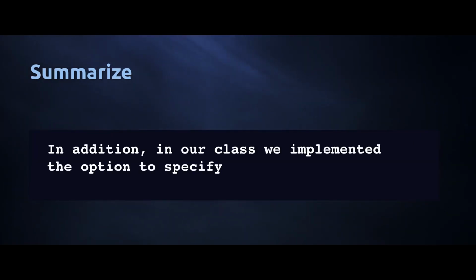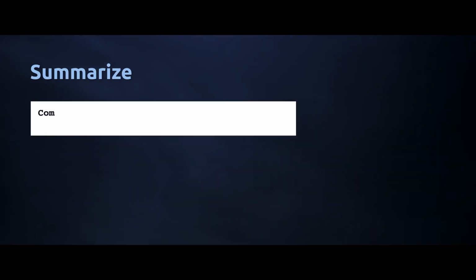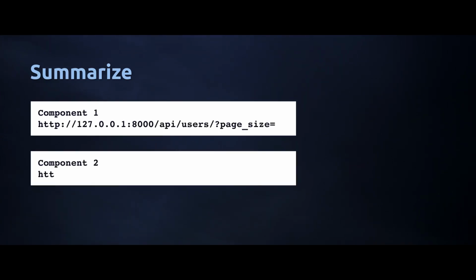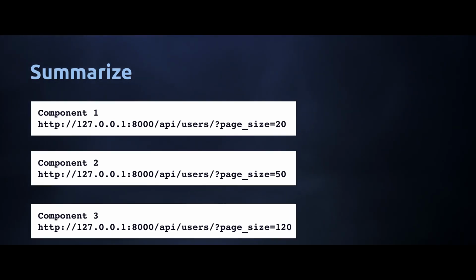In addition, in our class we implemented the option to specify the number of records returned in the results segment. This functionality, represented by the page size parameter, significantly increases the flexibility of the class, allowing you to adjust the amount of data to the needs of individual application components.